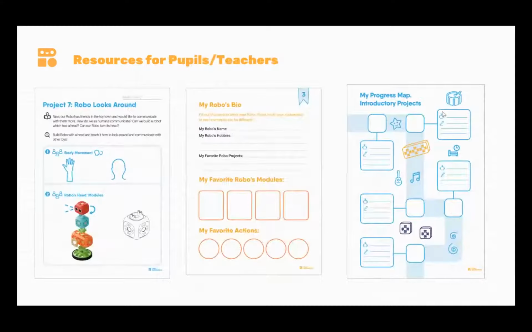And again, for both yourself and the pupils, of course, you've got the worksheets for the kids, which correspond to the different lessons, tools which help them to even record things about their robots, actually give it a name, discuss what its hobbies are, draw sketches or put in photos of their robots that they're creating, and they can also actually map out their progress themselves. So you've got all sorts of different materials like that.